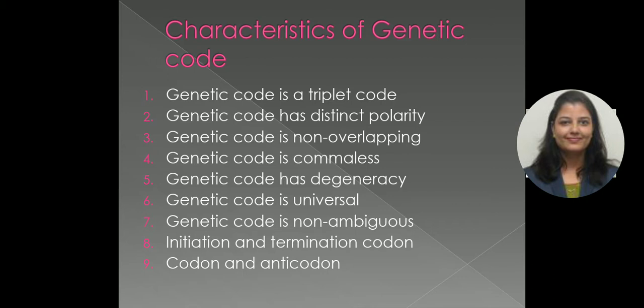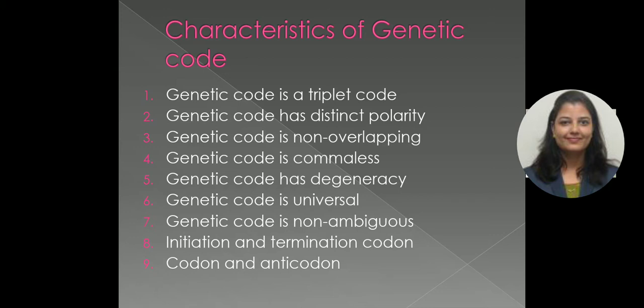And the next one is that they have initiation and termination codons. So we have already seen in the dictionary that AUG is known as the initiation codon, and the stop codons are UAA, UAG and UGA. They are known as termination codons. So always initiation and termination codons are fixed. Then the last one is that they have codon and anticodon.